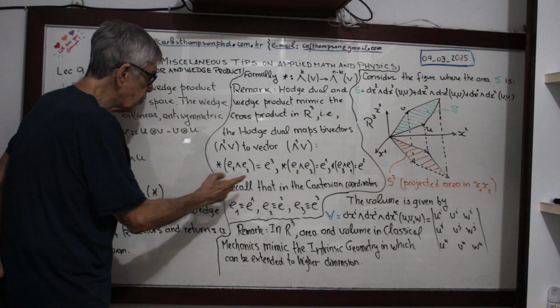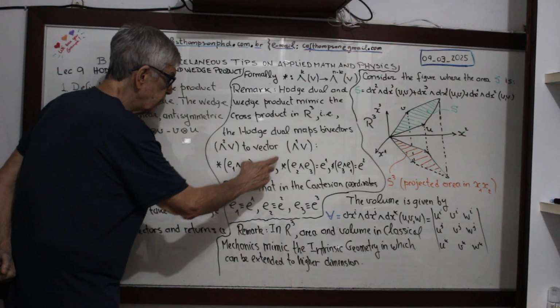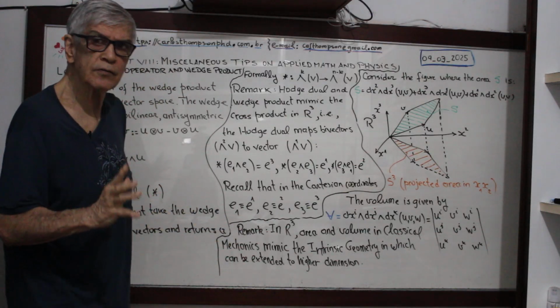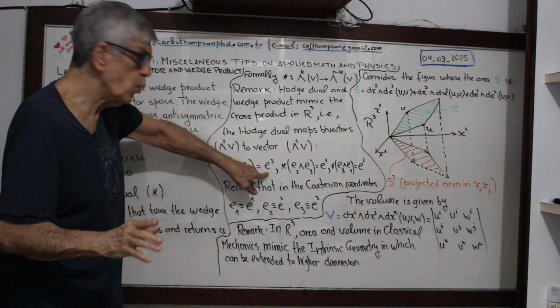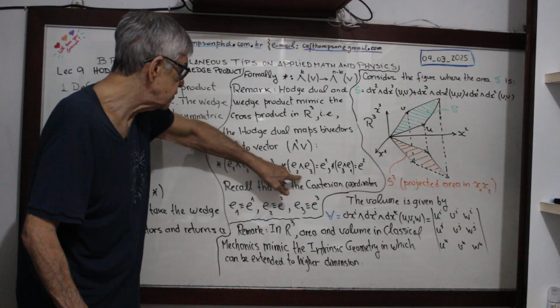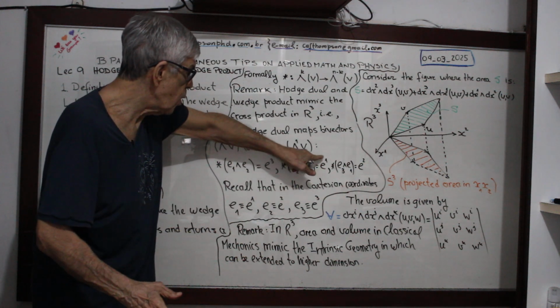Apply this operator, for instance, to e1 wedge e2, and this will be e3. Attention now, e3 is a contravariant basis vector, which belongs to the dual space. Likewise, e2 wedge e3 leads to e1.